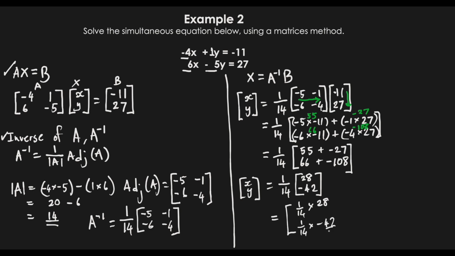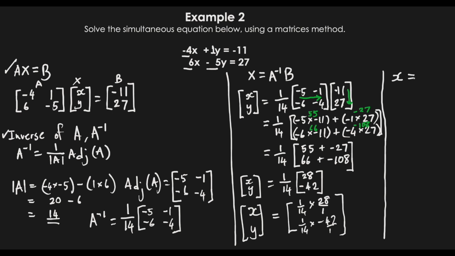This is the same thing as saying 28 divided by 14, which will give us our value for x, and negative 42 divided by 14, which gives us a value for y. So in that case, we can say that x is equal to 2, because 28 divided by 14 is 2, and y is equal to negative 42 divided by 14, which is negative 3. So our answer: x is equal to 2, and y is equal to negative 3.